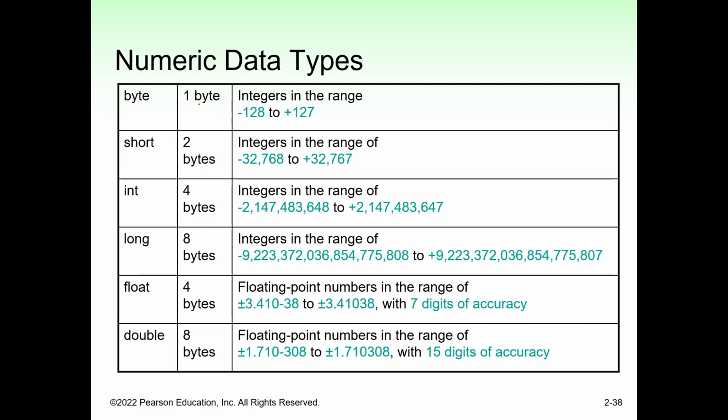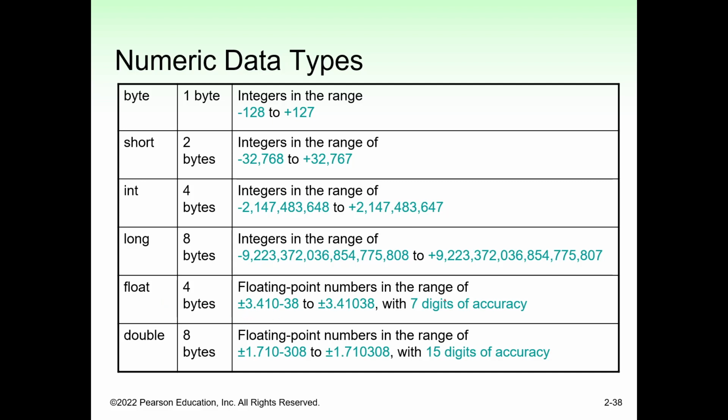And let me show you what these are. So byte, 1 byte is going to be integers from the range of -128 to +127. Then short, it's 2 bytes. It all comes down to how we store our data. So 2 bytes, it's longer. So as you can see, these numbers are in the range. Integer, here, long, even more.